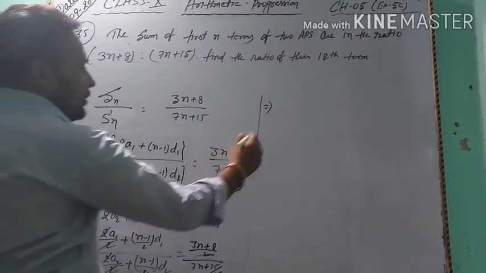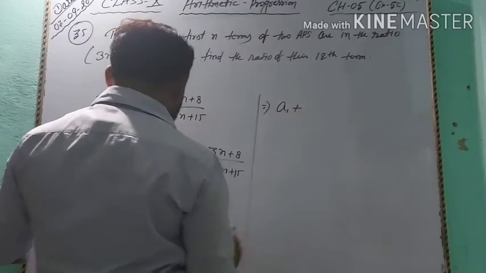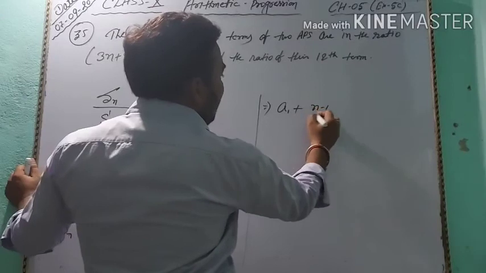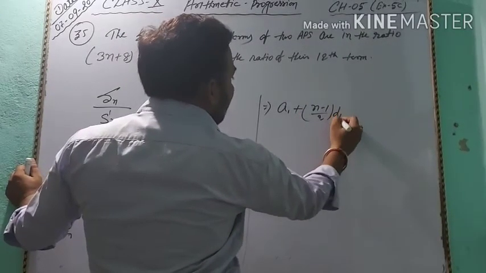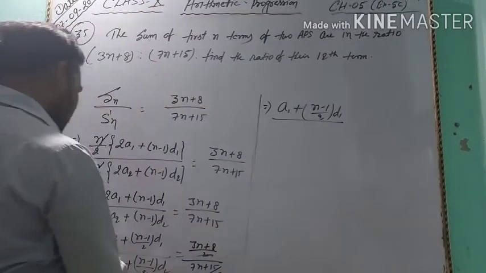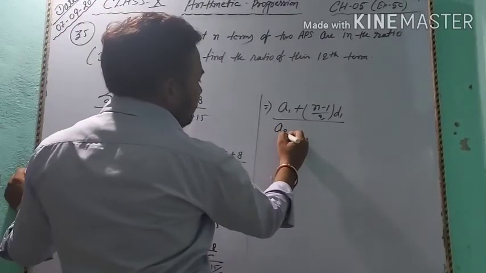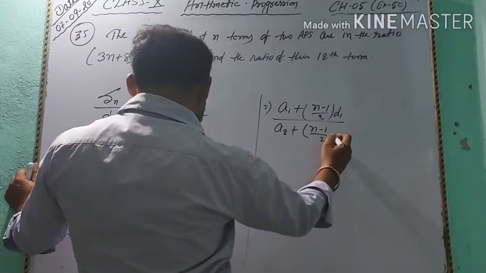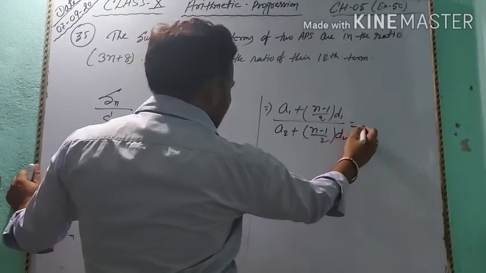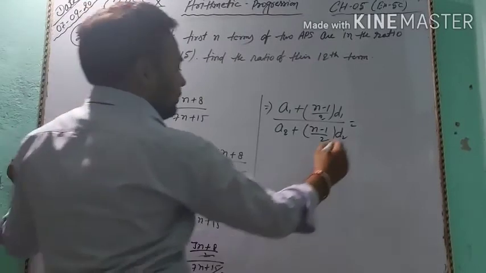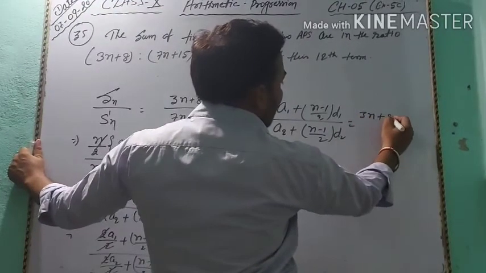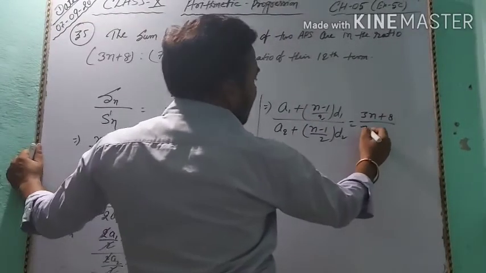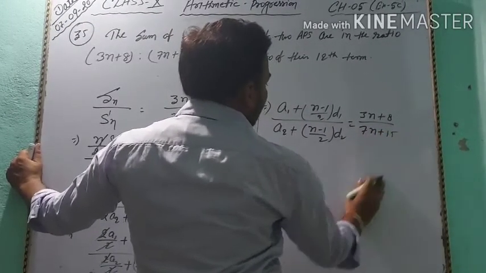So a1 plus n minus 1 by 2 d1, divided by a2 plus n minus 1 by 2 d2, equals 3n plus 8 by 7n plus 15.